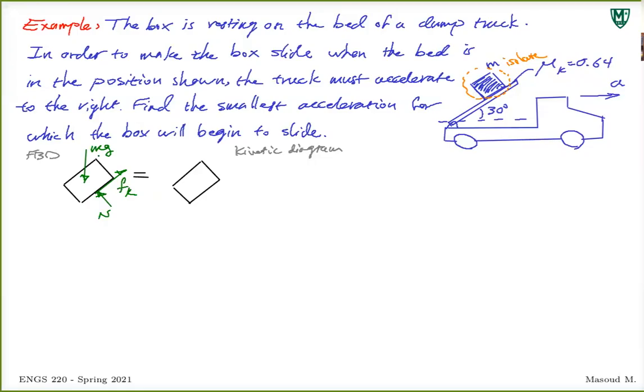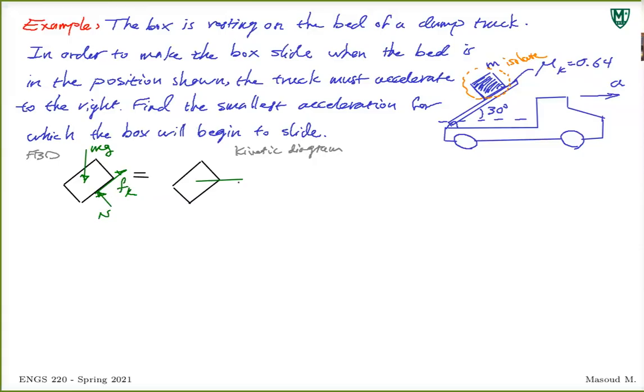Because if the box is not moving yet, it's part of the system, and the system includes the box and the truck. So if the truck is going to the right with acceleration a, the box is also going to the right with the acceleration of a. So the only component of acceleration is to the right.